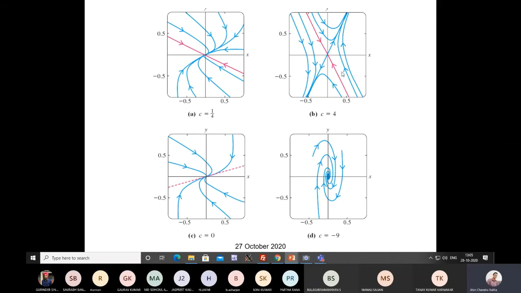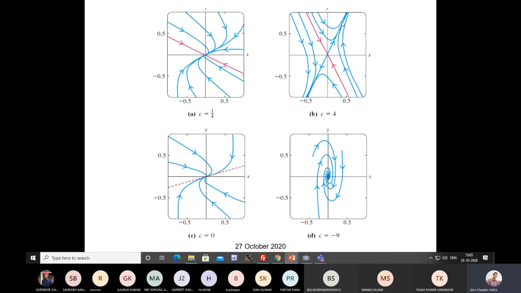Here you can see that some of the trajectories are asymptotically moving towards this straight line, like the one we saw in that logistic growth.